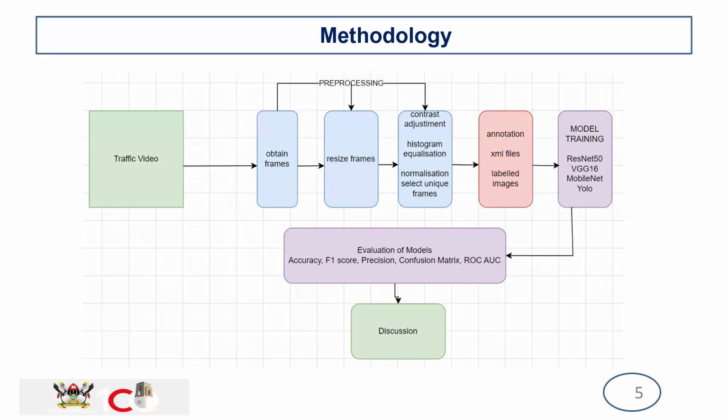And then after doing all those activities on these frames, I went through a process of annotation of the images. In this process, I used the Anaconda prompt, and then the LabelImg facility.